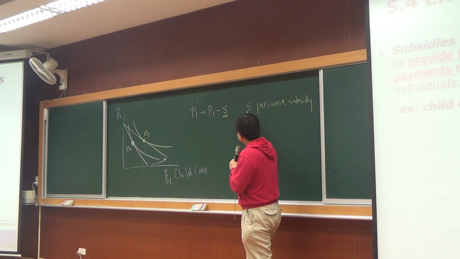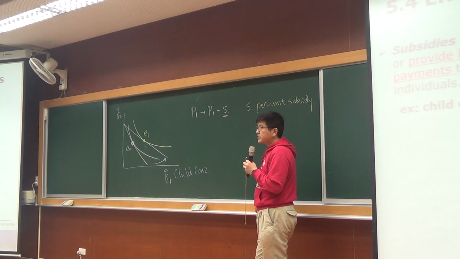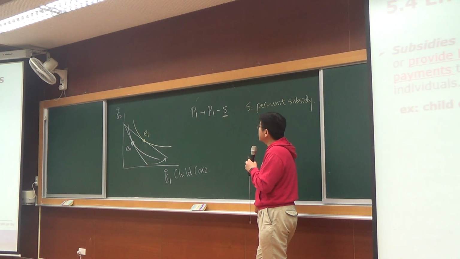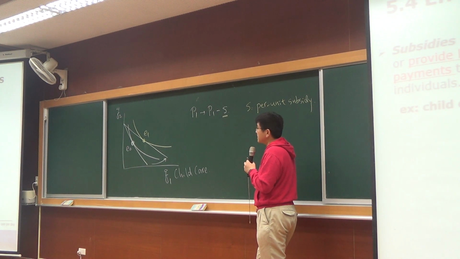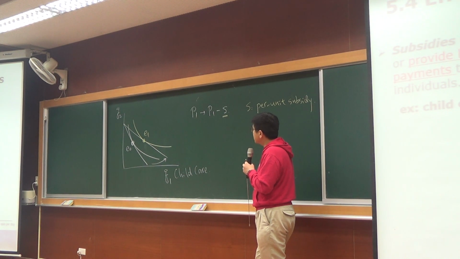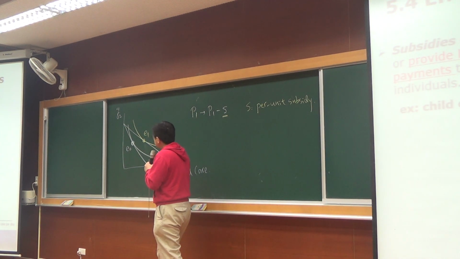So S is per unit, and then the next question should be how many units of child care the government subsidizes. It depends on how many units the consumer chooses to consume.